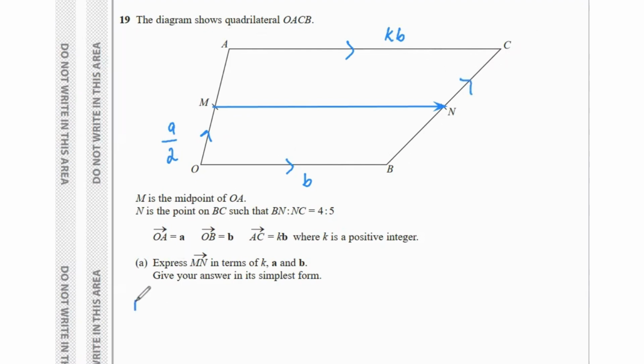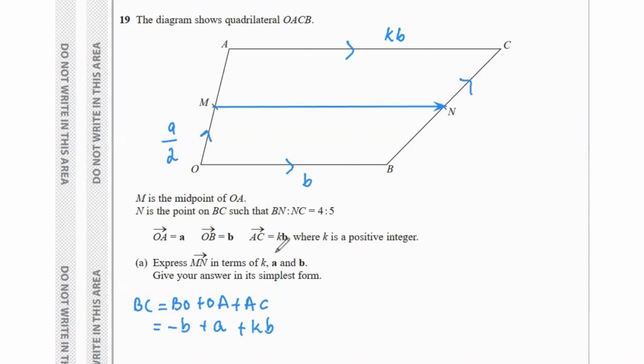So BC is going to be BO plus OA plus AC. That's negative B, because OB is given as B so BO would be the opposite, plus A, because OA is A, and AC is K times B. So this is our BC.